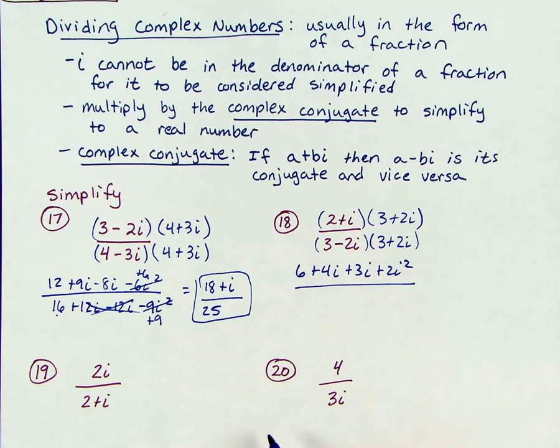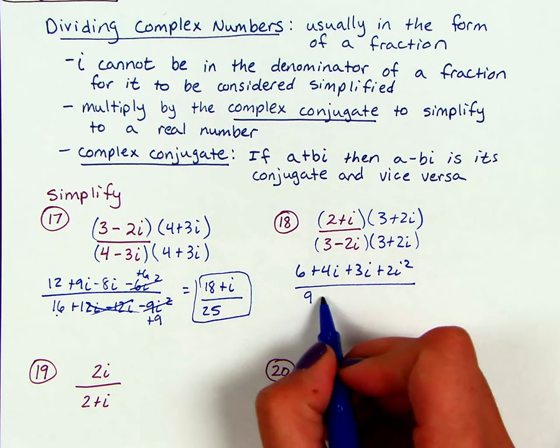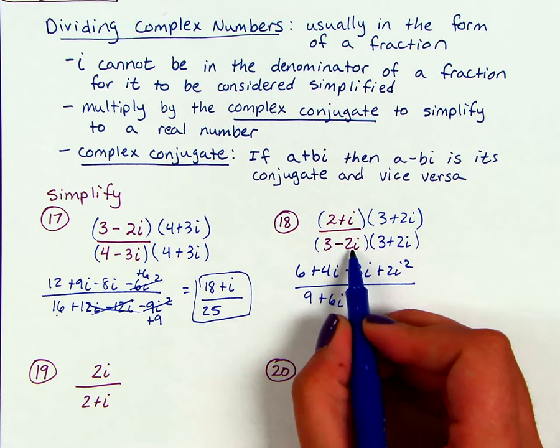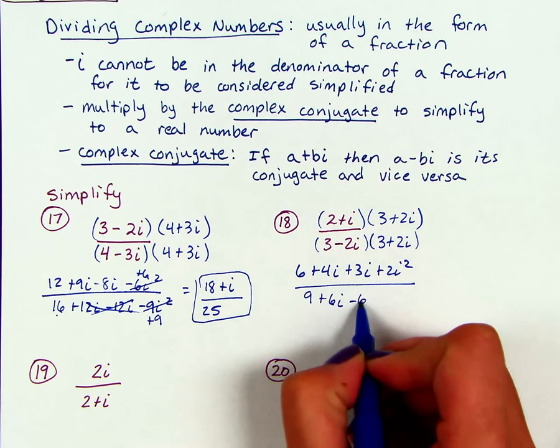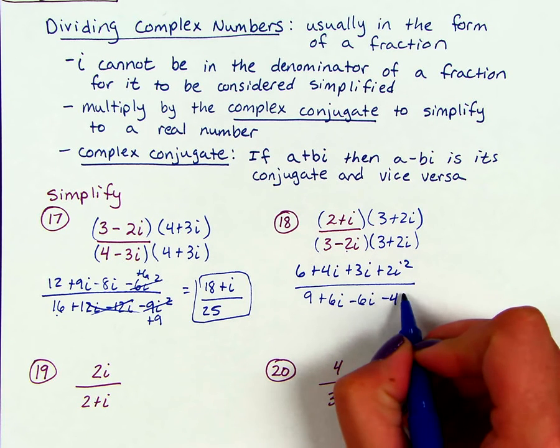And then our denominator, 3 times 3 is 9, 3 times 2i is 6i, negative 2i times 3 is negative 6i, negative 2i times 2i is negative 4i squared.